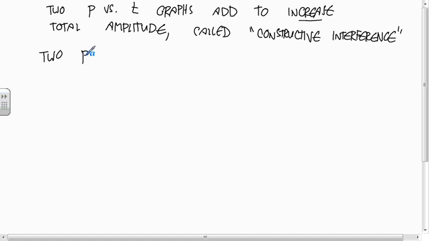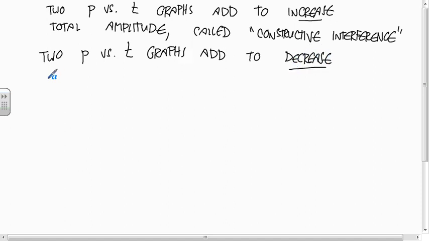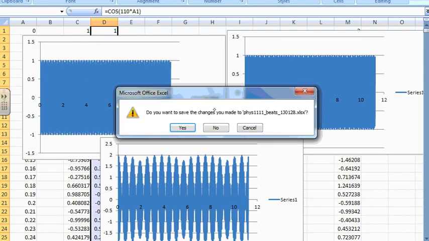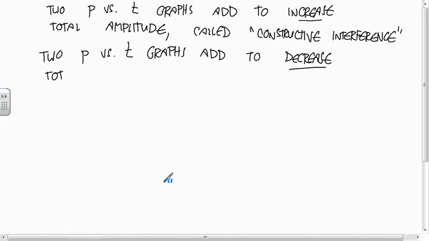If two position versus time graphs add to decrease the total amplitude, it's called destructive interference.